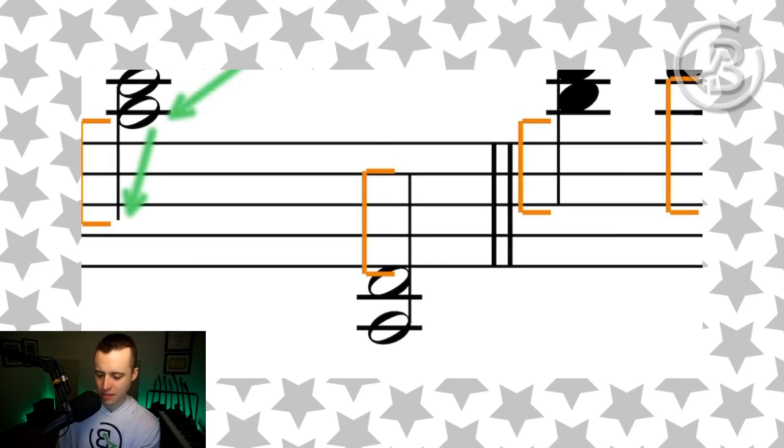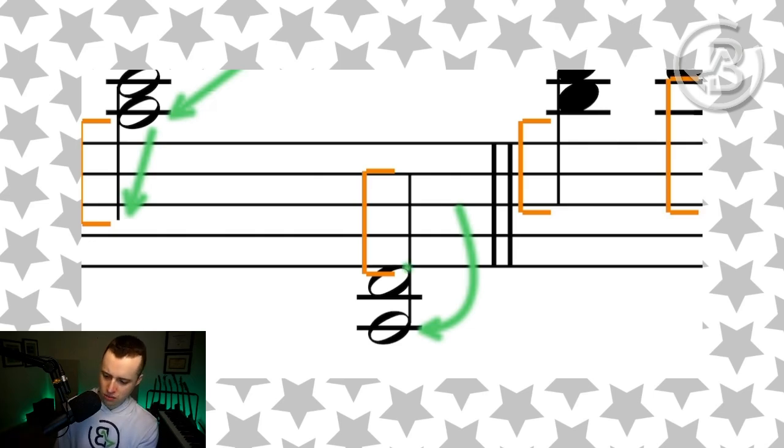Same thing with stem up. So you can see that even though the note head that is furthest away from the open end of the stem is, well, it's already on a second ledger line. It's showing us an A note, which is pretty far away from the staff.